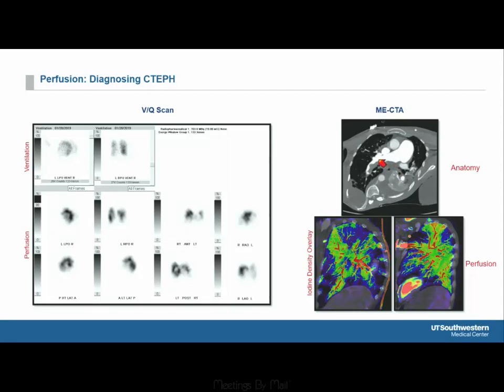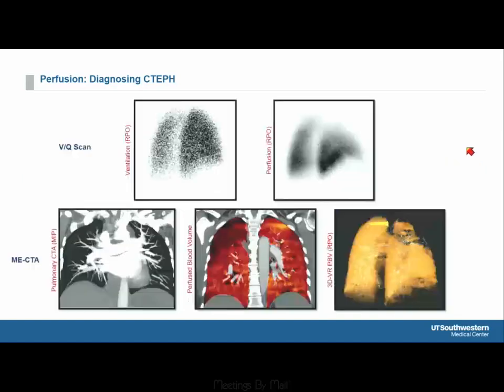CT would provide the anatomic substrate for those filling defects, so we can see eccentric thrombus here involving the right pulmonary artery and the interlobar artery with all of the features of a chronic pulmonary embolism. And we can not only assess which arteries are involved, but at the same time, with the perfusion maps, we can also appreciate all of those perfusion defects on both right and left lungs.